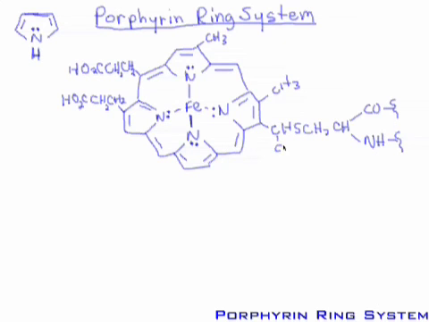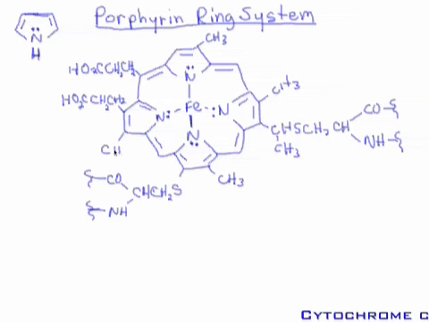We have a CH3 here, CH3, and off of here we have an S, CH2, CH, and once again more protein hookups, CO, NH. All right, and I think we've got one more methyl right here. This fragment is the key porphyrin system for the molecule referred to as cytochrome C.